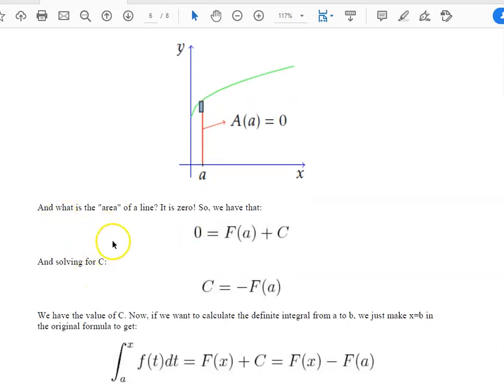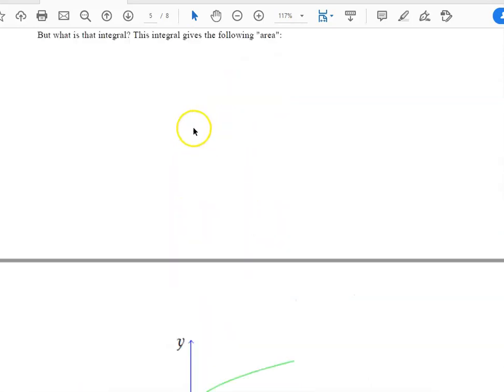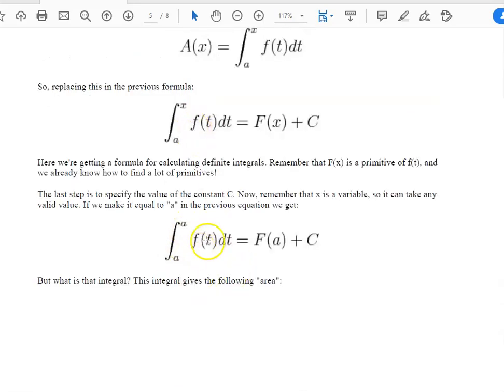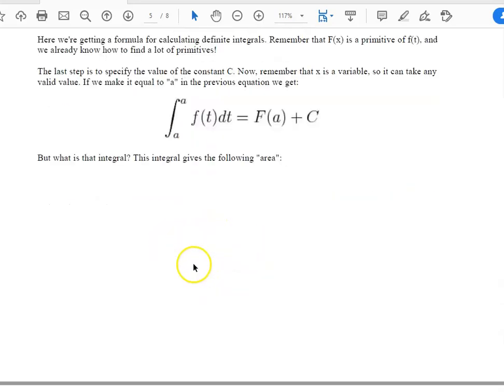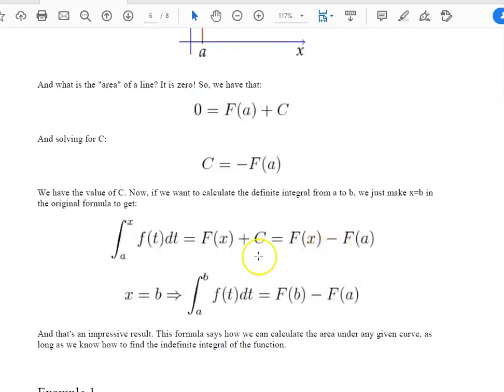And what is the area of a line? It's just 0. So to find out what c is, we say that the area from a to a of f of t dt is 0. So you plug in a, that equals F of a plus c, which is 0. At a, c is equal to negative F of a.